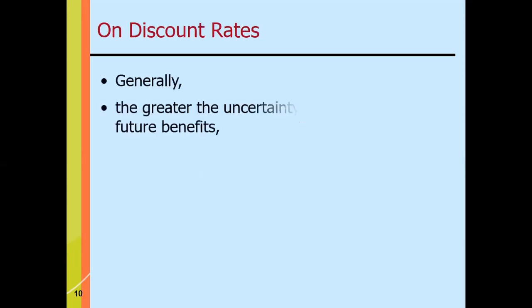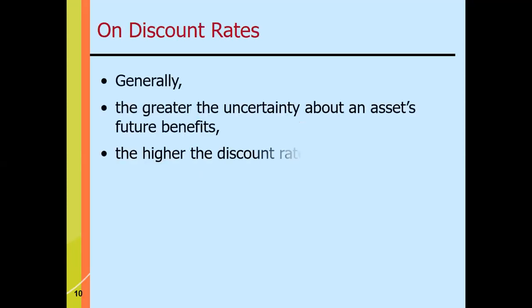Next, on discount rates, generally, the greater the uncertainty about an asset's future benefits, the higher the discount rate investors will apply. Of course, this means that the greater the risks involved, the higher the benefits, because there are also higher discount rates.